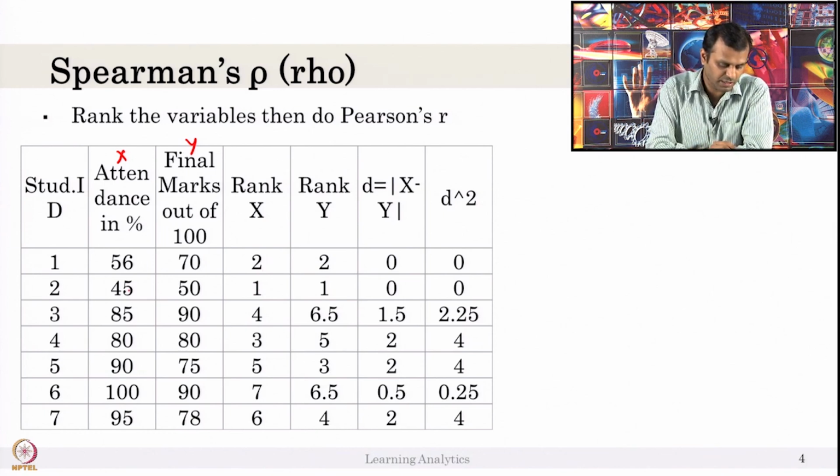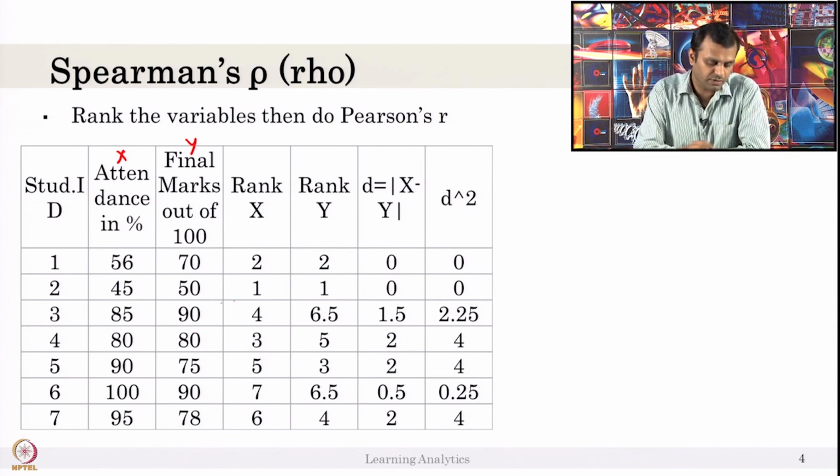This is the first rank, this is the second rank: first is 45, second is 56, then 80, then 85, 90, 95, 100. Similarly for the marks, the least value gets rank 1, and the next is 2, then 3, 4, 5. There are two 90s, so 6 and 7 we do not want to give, so we put 6.5, 6.5.